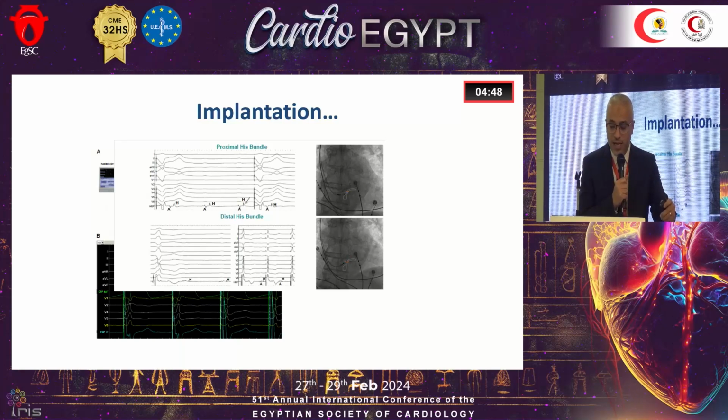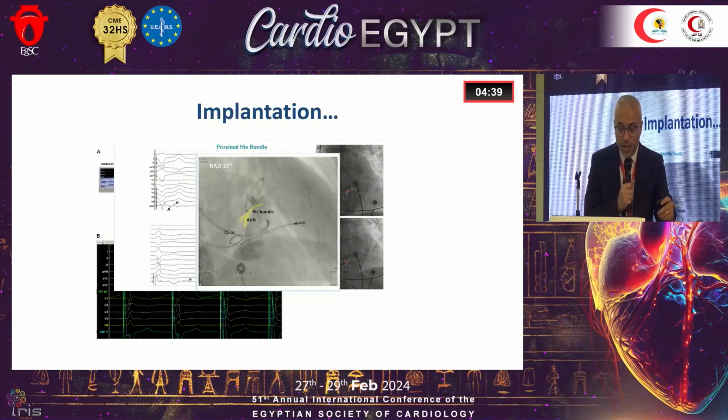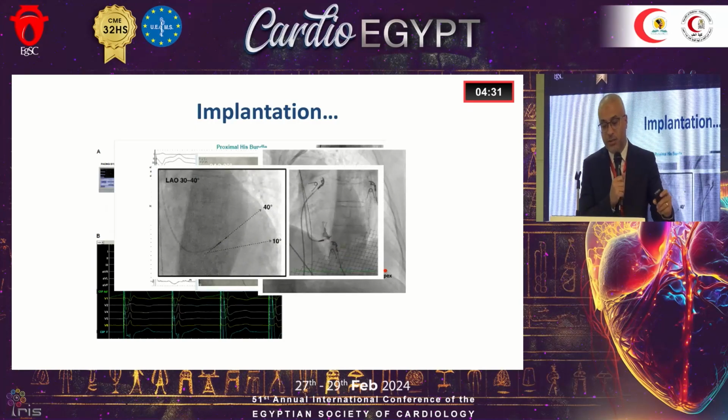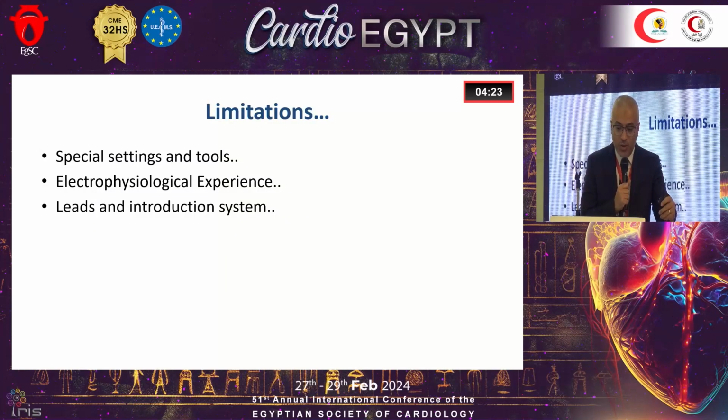So you have to screw the lead into the His bundle when you can detect the His bundle activation by the EP system. Or you can go for the left bundle area pacing, which is something like 2 centimeters between the His bundle and the apex in the RAO view, and then you can adjust your lead in LAO view in some way between the angles 10 and 40 in order to screw the lead in the septum directly. So this is the implantation.